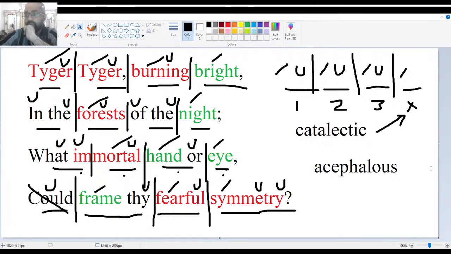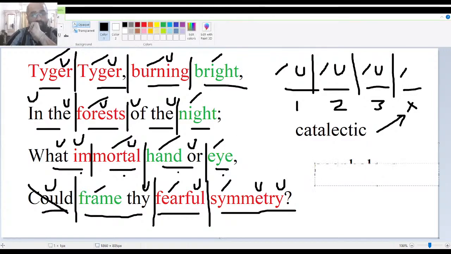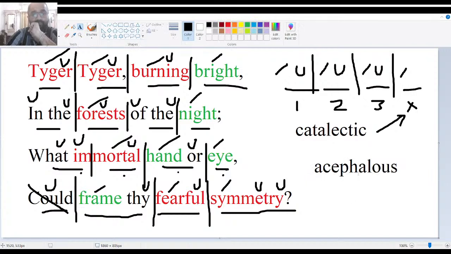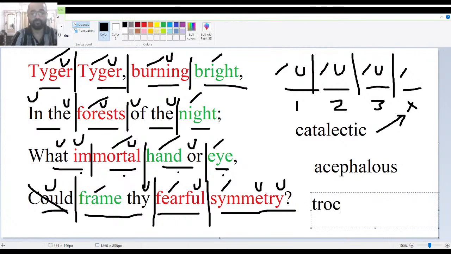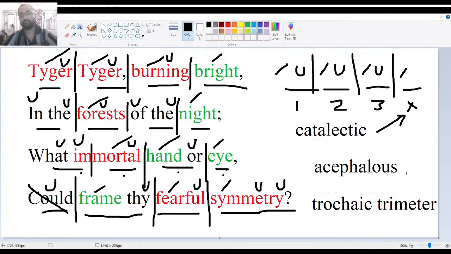So let's identify the variations now. How many feet are there in each line? 3 in each line. So this is an example of trimeter, trochaic trimeter, right? With catalectic in the first 3 lines.